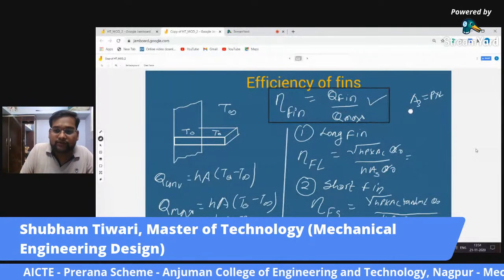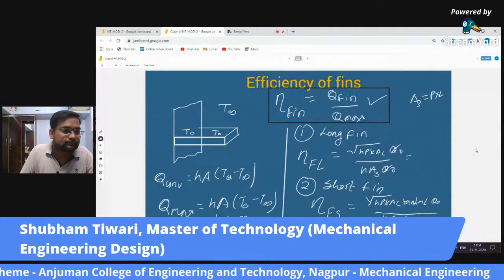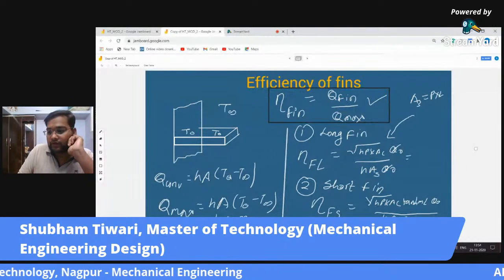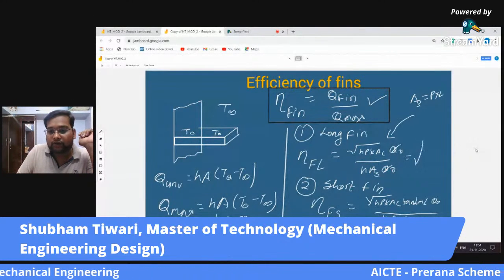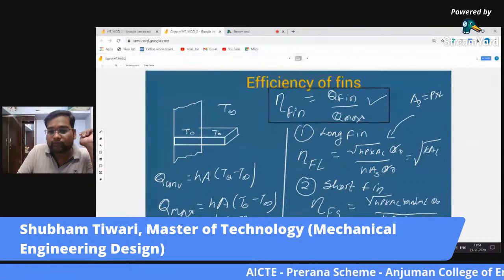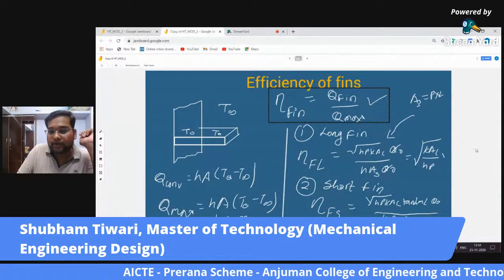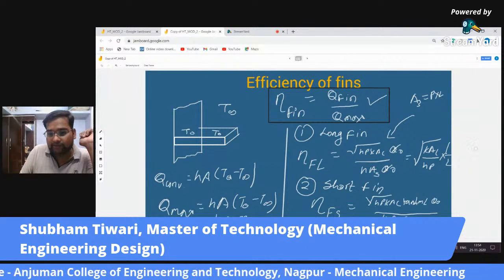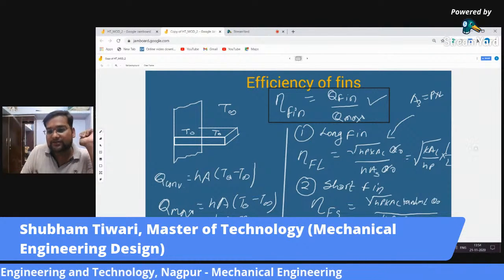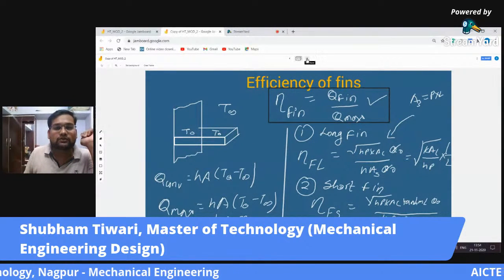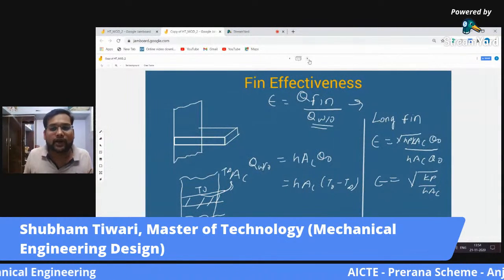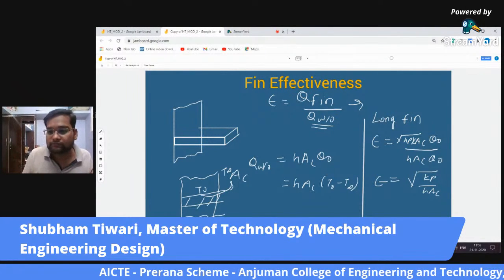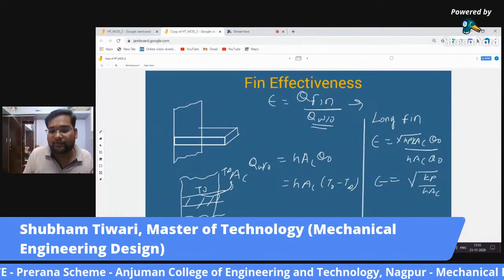When we put this value of surface area into this equation, we have the equation of under root of KAC upon HP into 1 by L. Similarly, earlier we had this value of ml because this L gets carried forward here. So that was my mistake, and I hope you have now cleared that point. So this is the value of effectiveness.